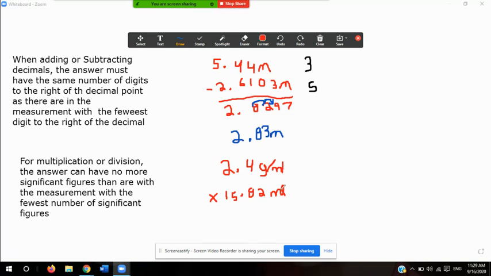Okay, so I'm just going to multiply normally, but I have to take into account the rules of significant figures and also the rules of rounding. So you can use a calculator, or if you don't have a calculator, you can do it manually.